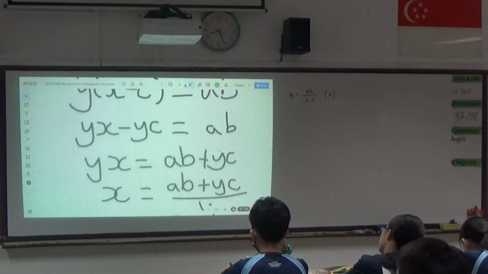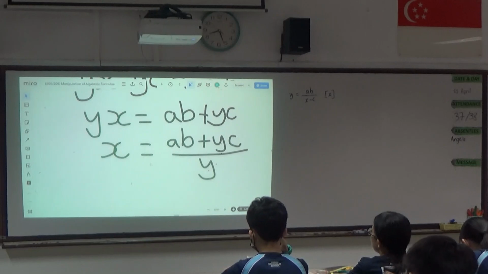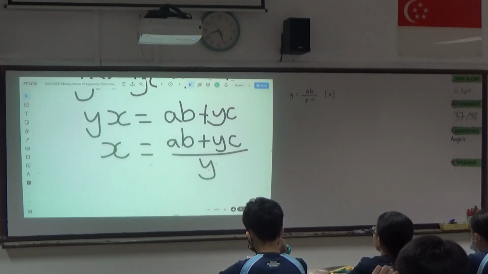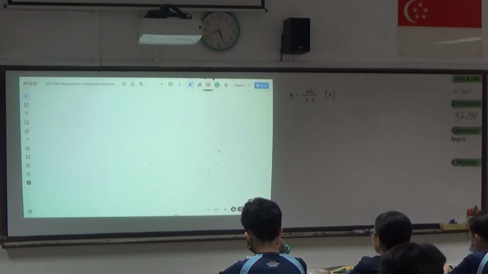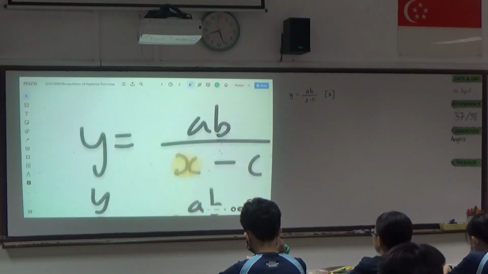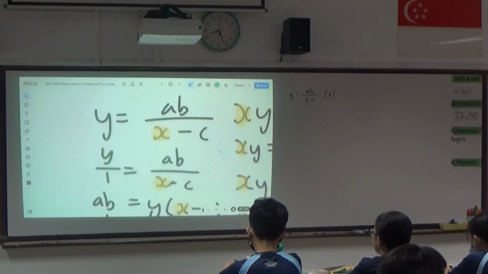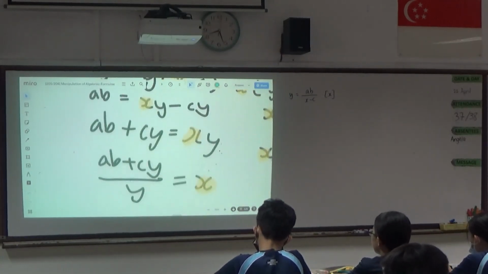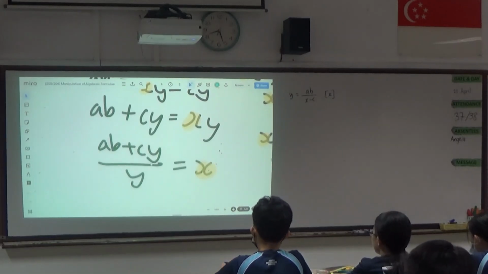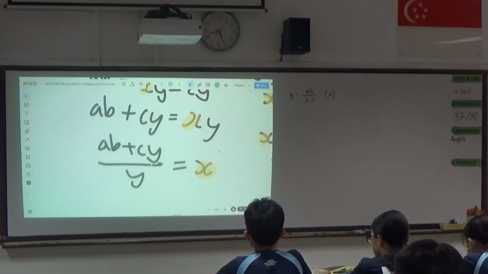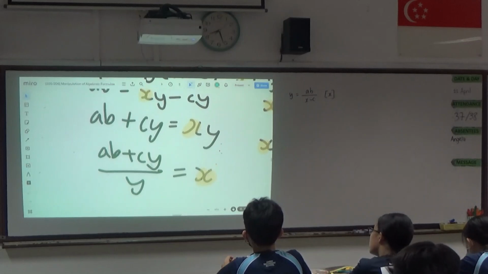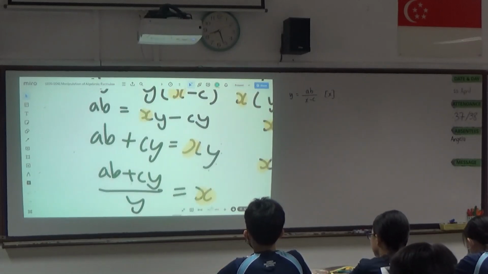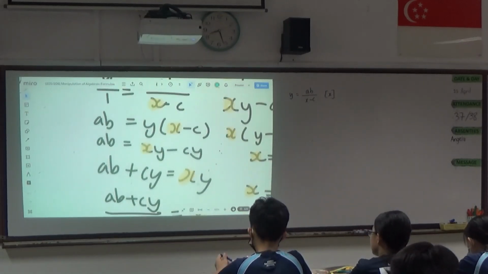Group 2 has given us the same thing, ab plus yc over y. And then group 3 has given us ab plus cy over y as well. So let's check the processes that they have gone through in achieving this answer.